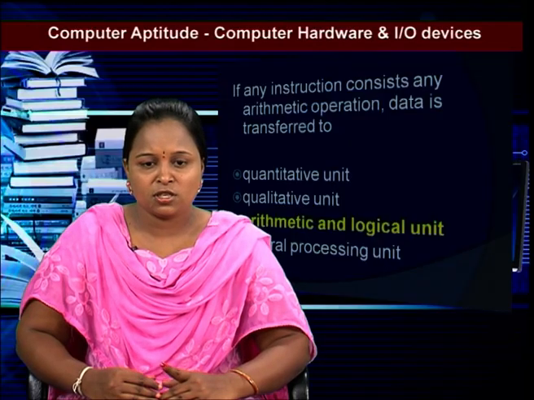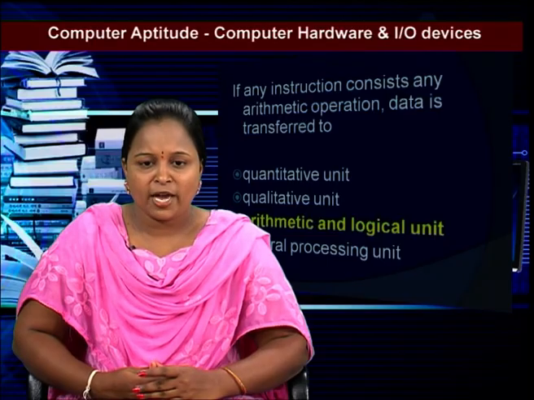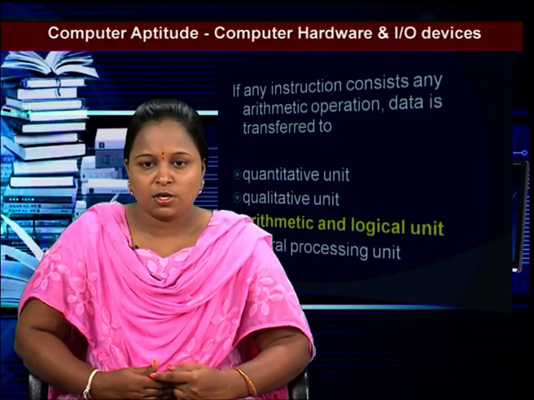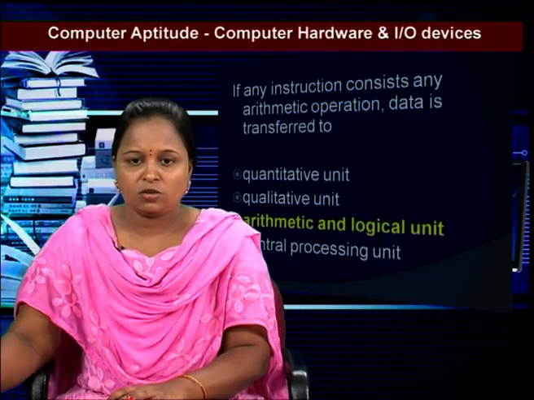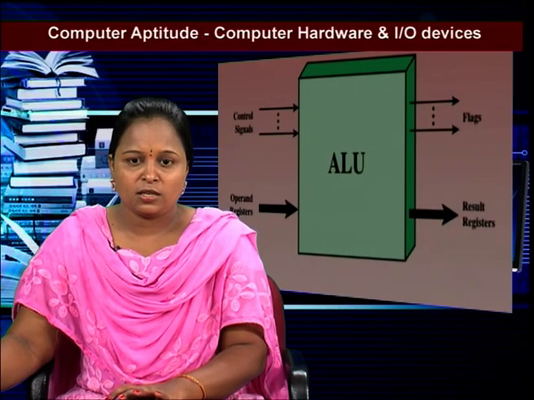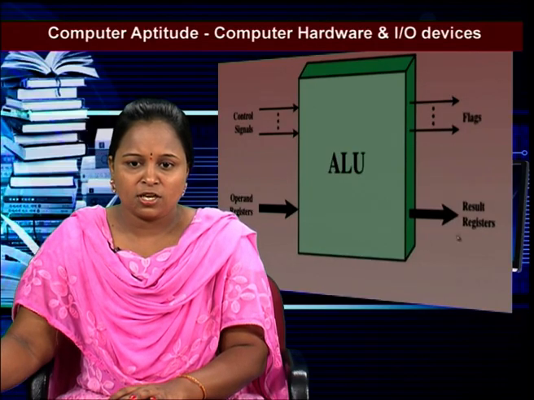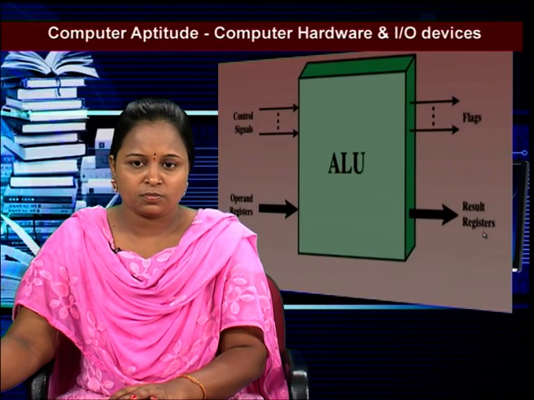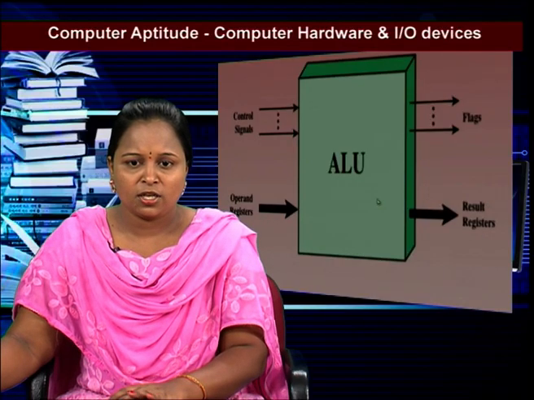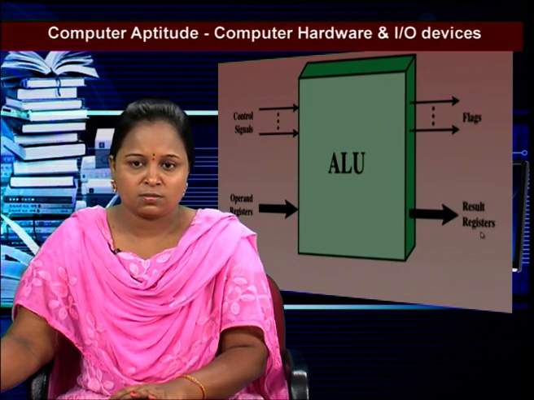In that situation, all types of calculations are performed by the arithmetic and logical unit, which is helpful for calculation purposes. Next, this is the ALU, arithmetic and logical unit, with operand registers and result registers. The operands are input, and the calculation is processed in the ALU, with the result in the result registers.